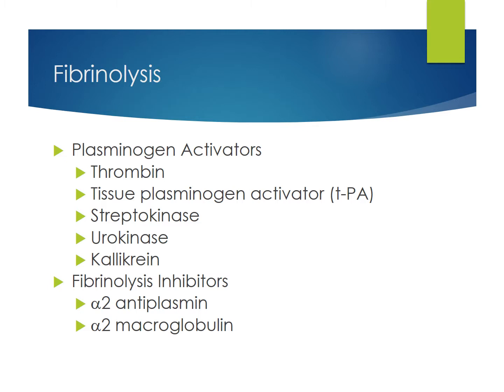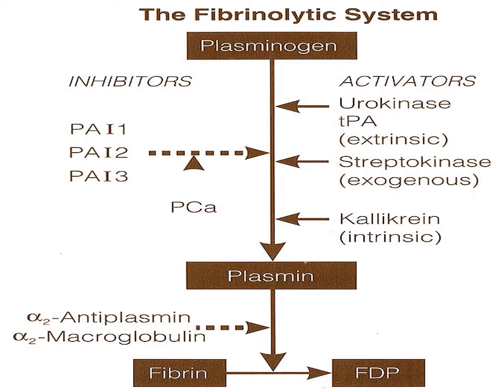Fibrinolysis is started by plasminogen activators. Plasminogen is the chemical that will begin to break that down, and fibrinolysis also has its own inhibitors, the alpha-2 antiplasmins and alpha-2 macroglobulin.